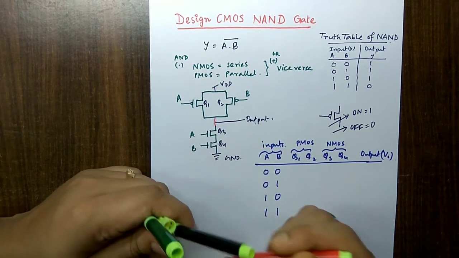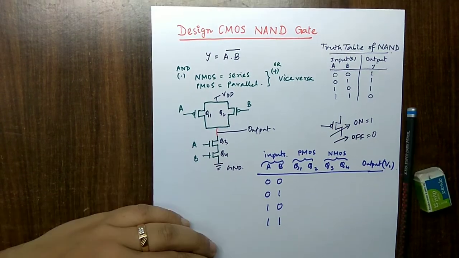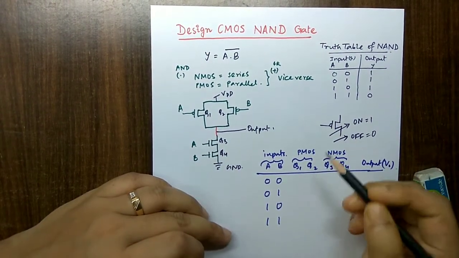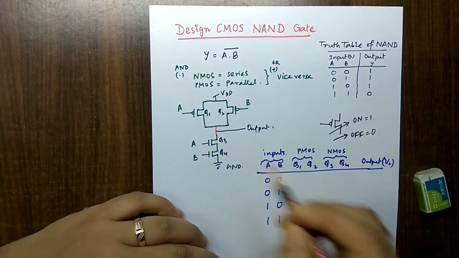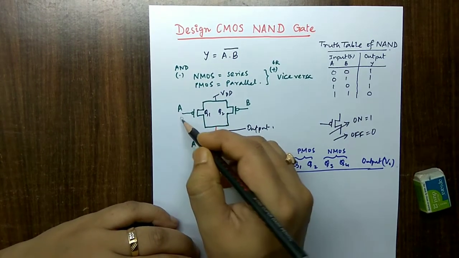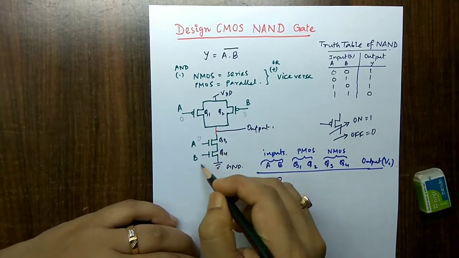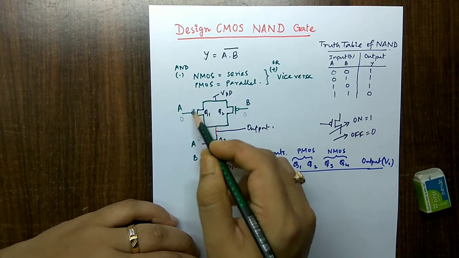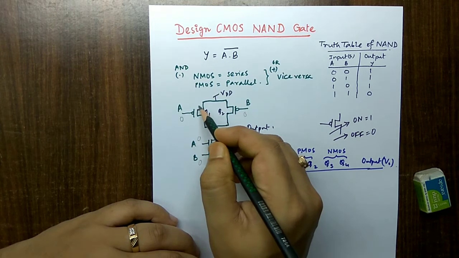Let me draw this thing using a pencil. I have got my pencil right now. See, if it is 0 0, let me put it here, I hope it is clearly visible. If I place 0 and 0, both A0 and B0, what will happen? Due to this bubble, this transistor will convert this 0 to 1.